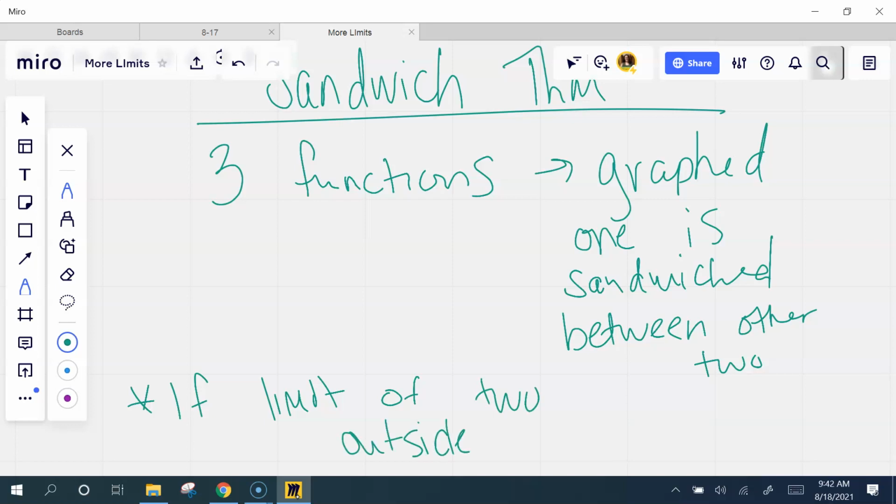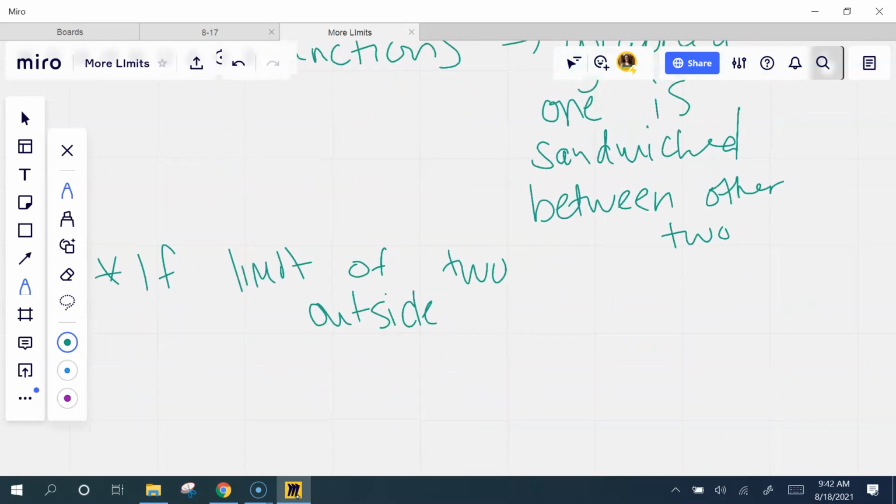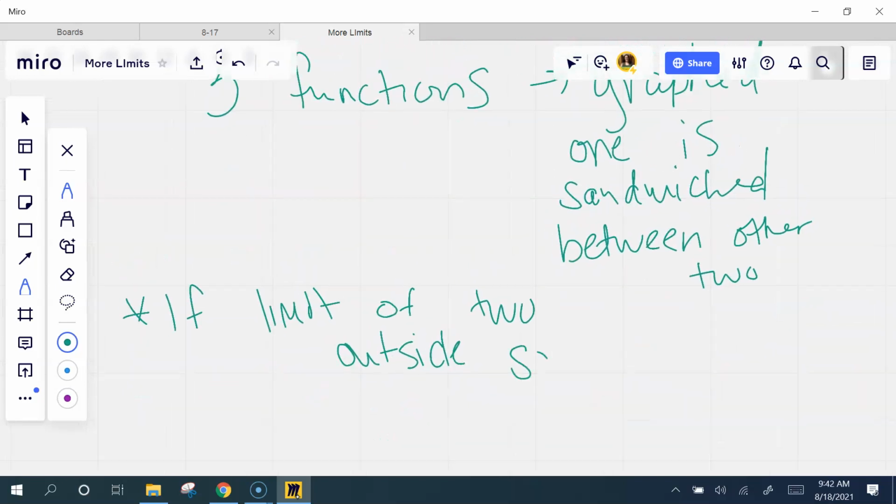If the limit of the 2 outside functions, and I'm going to show you an example, show you exactly what it looks like whenever you graph it so you know you're in sandwich theorem territory, if the limit of the 2 outside are the same, guess what? You got 3 functions. If the 2 outside are the same, and the middle sits in between the other 2, then the middle is the same too.